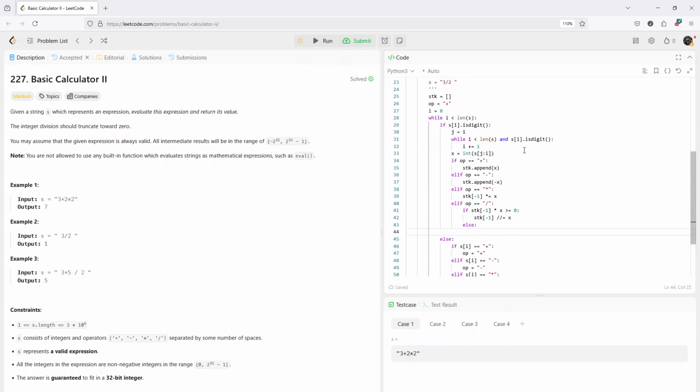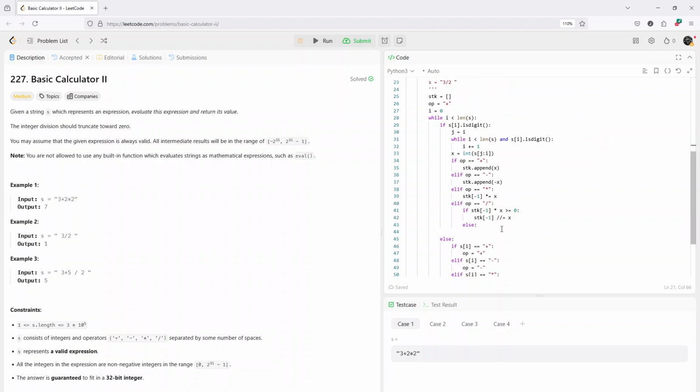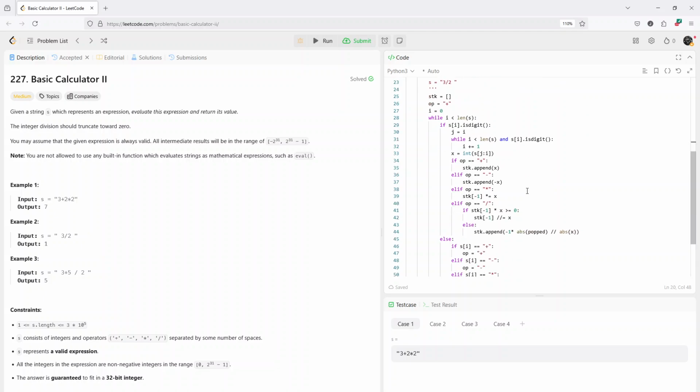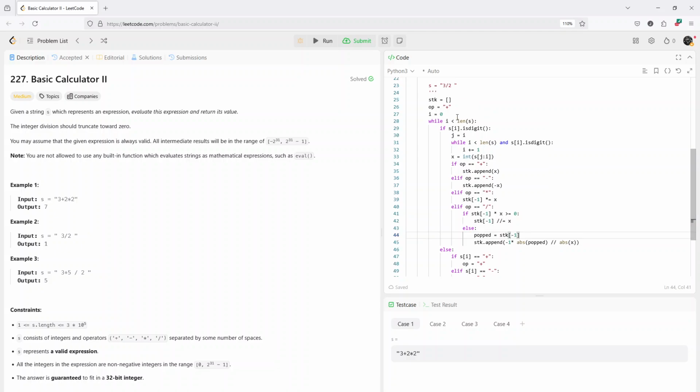Else, we got this little tricky case to take care of. Popped is the last element of the stack. Take the absolute value of it, divide by x, and then times it by minus 1, and then add that whole thing to the stack. And that should take care of everything.